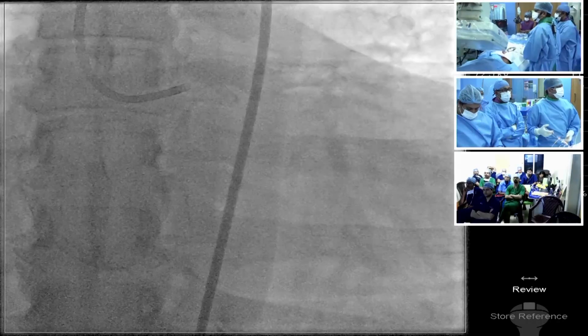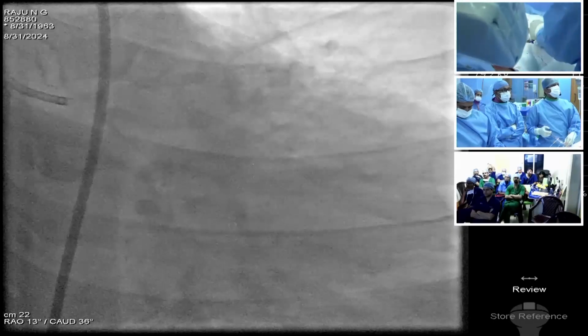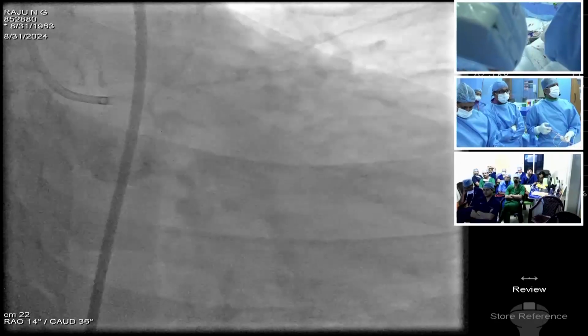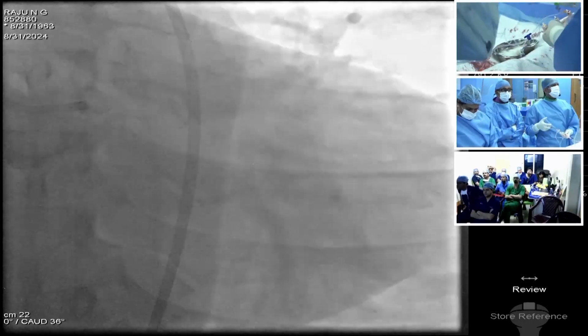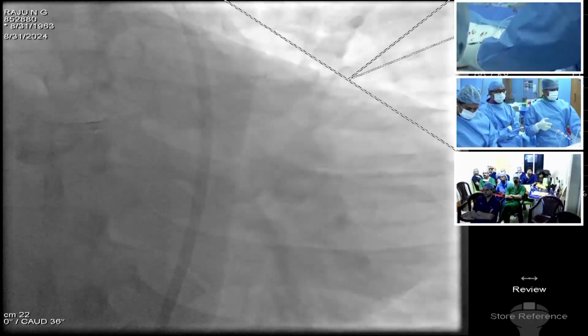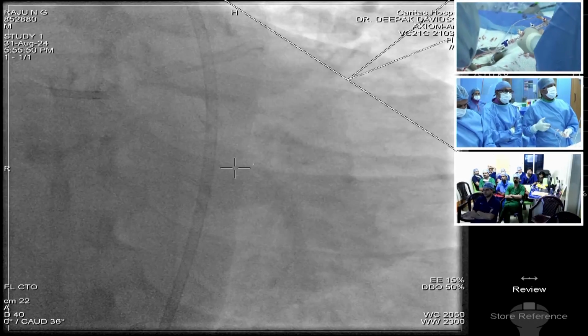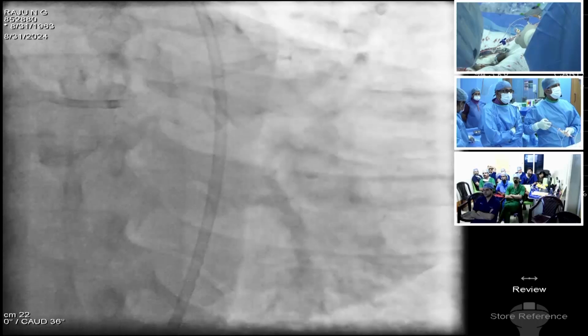Caudal. Apicaudal, so that we can see the bifurcation and circumflex clearly. Okay. So do not pan. Centralize. Keep it there itself. So in fluoroscopy, the circumflex doesn't have much calcification.